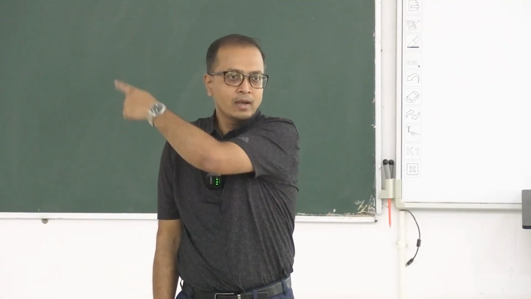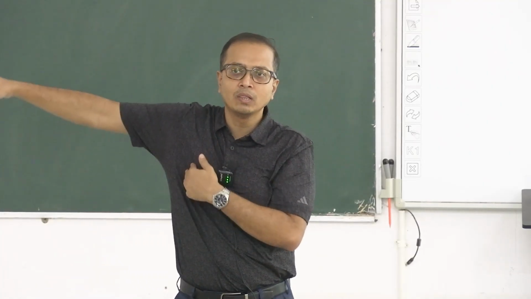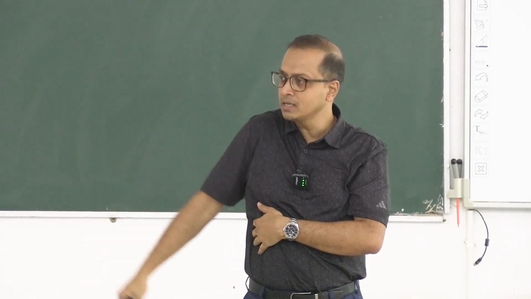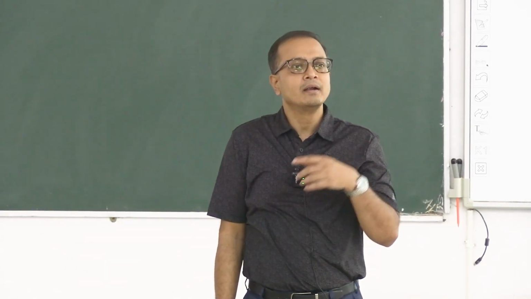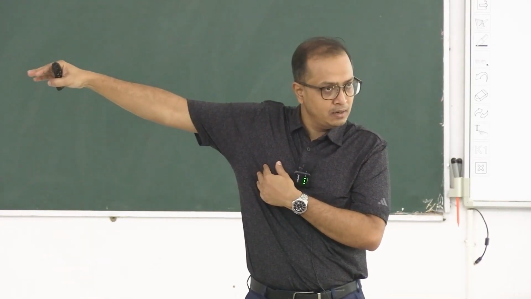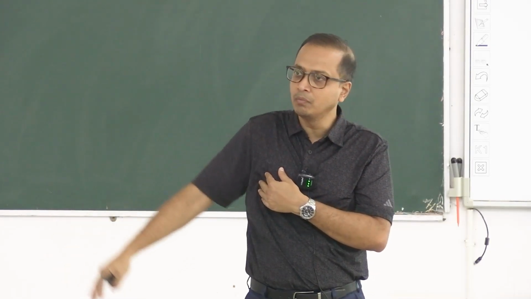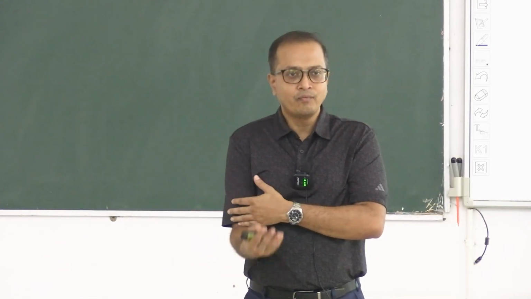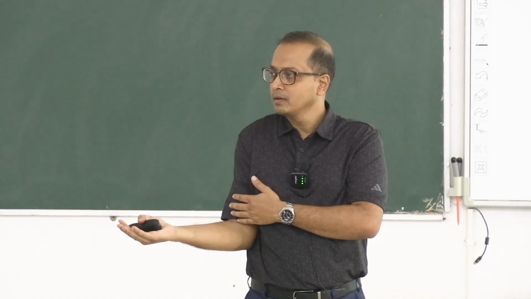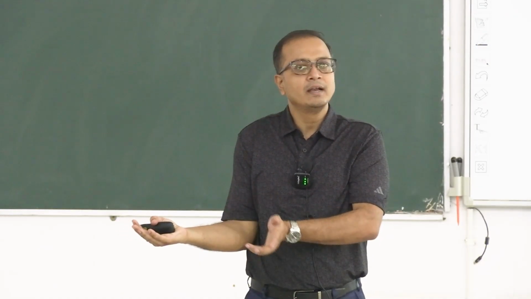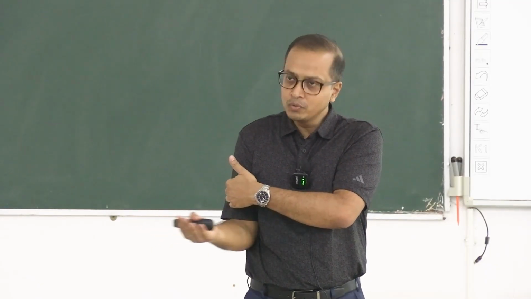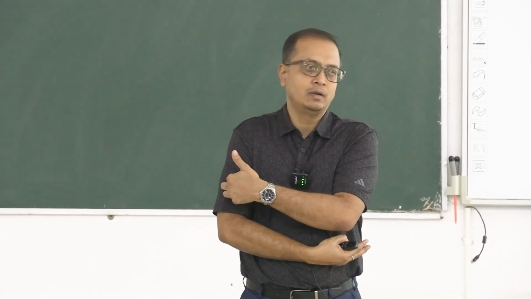Then if I move it out at a right angle, this movement is abduction, and if I bring it back in, it is adduction. Abduction, adduction. Now, if I fold the arm like this and then move it outward, it is lateral rotation, and opposite to it, it is medial rotation.